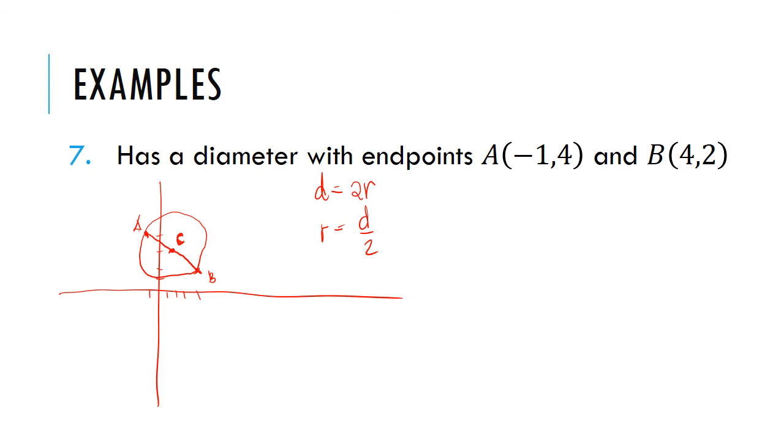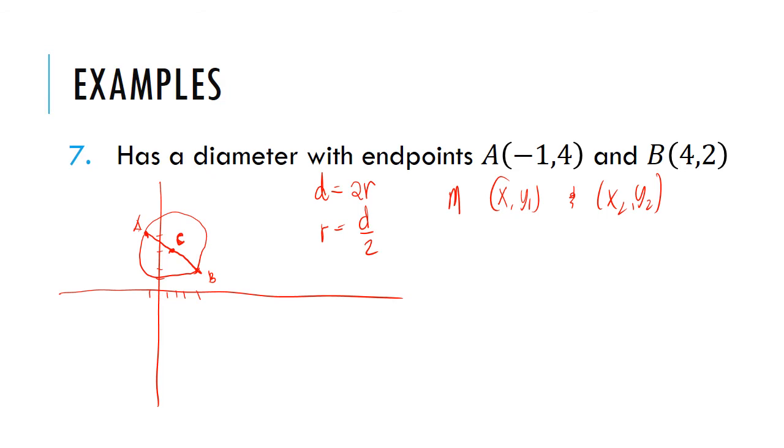So how would I get the midpoint of a line? I hope you recall, but the midpoint formula goes like this. The midpoint M of a line segment with endpoints (x1, y1) and (x2, y2) is actually just the average.